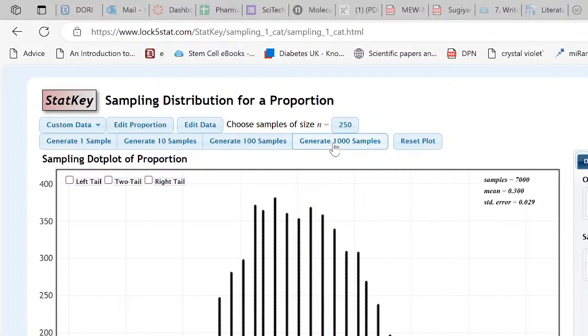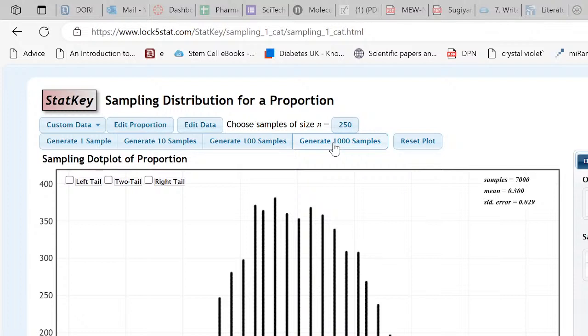Now, as far as the shape is concerned, as the sample size increases, the sampling distribution of the sample proportion becomes more approximately normal. Now, here comes the baggage. The conditions that must be met for the shape to be approximately normal.